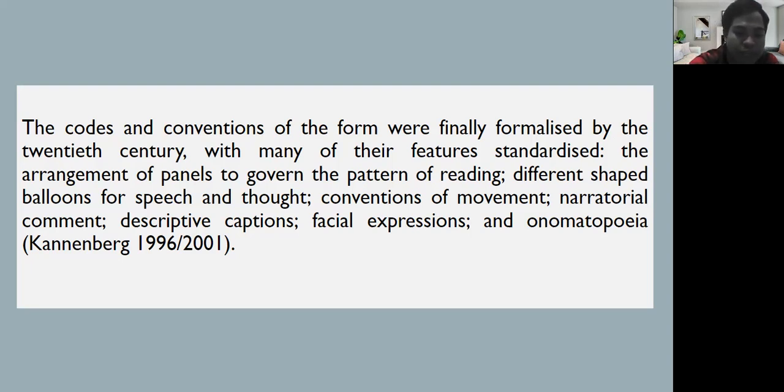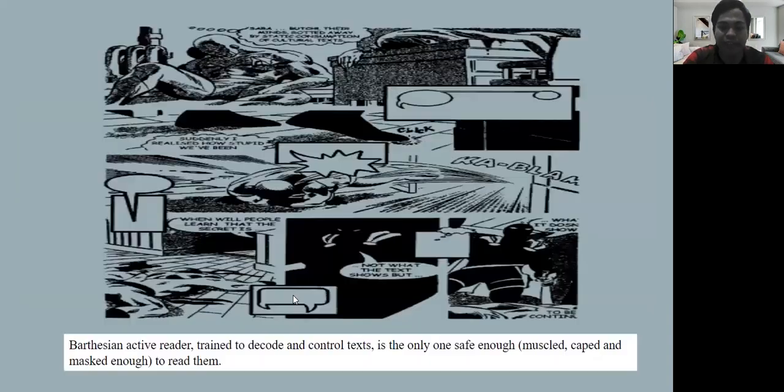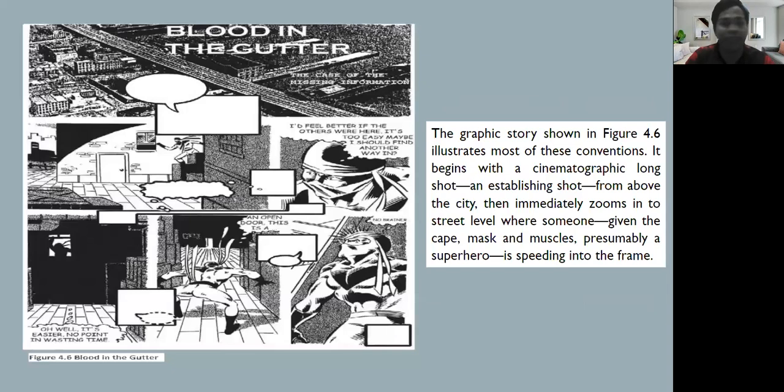So we proceed to the sixth and seventh slide. In the sixth and seventh slide, we have a strip entitled "Blood in the Gutter." So this is the blood in the gutter. It depicts a detective genre.